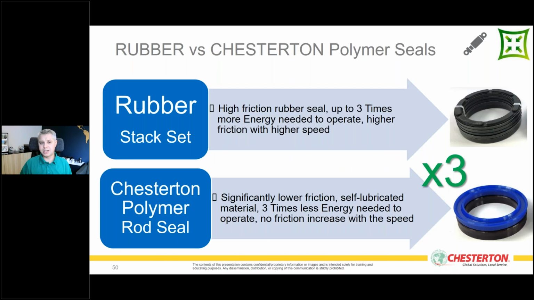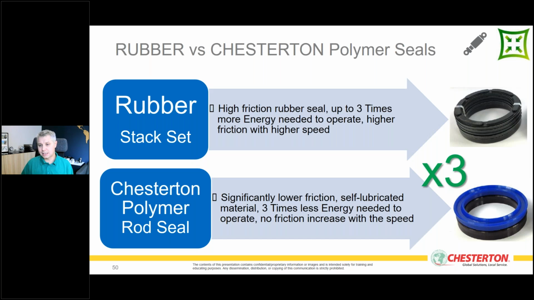So here we have a summary. Changing from rubber to new generation low friction polymer seals, we cause the friction to change by 3 times. The breakaway force, the force which is needed to just start moving, is even less. And then you can achieve a lot of savings in energy consumption. Why? Because you can use much lower power hydraulic pumps. That's one thing.